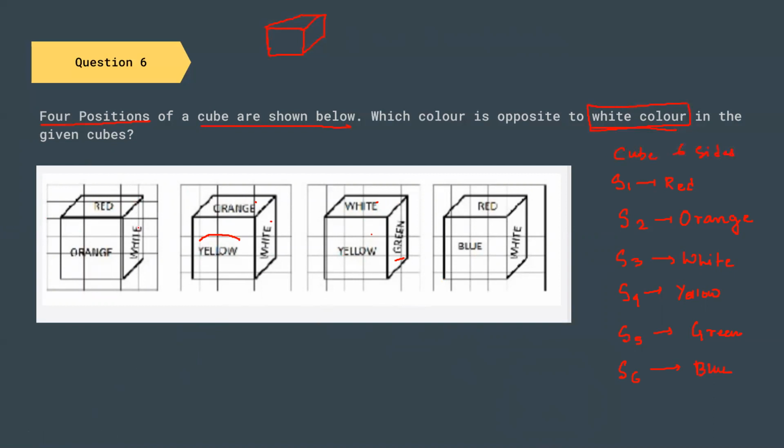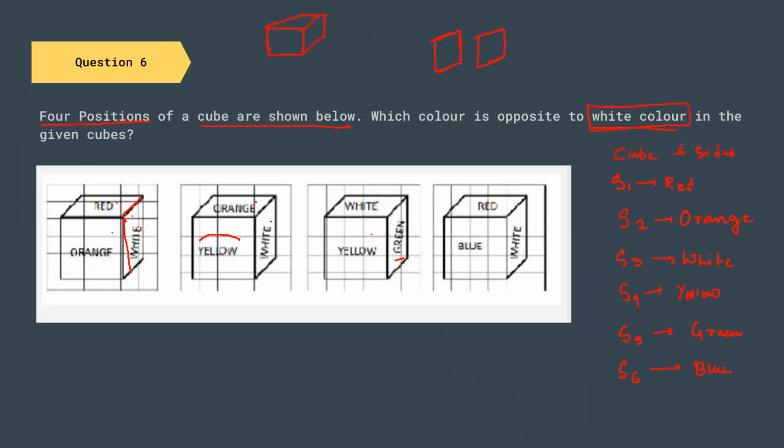Red and white cannot be opposite to each other. If two of the sides are opposite to each other, that means they are not going to share any one of the edges. But red and orange are sharing an edge with white.